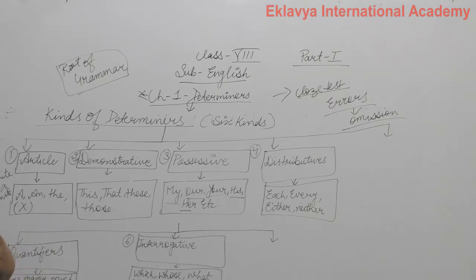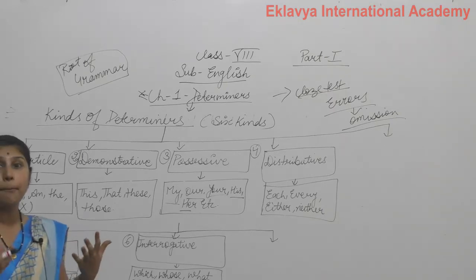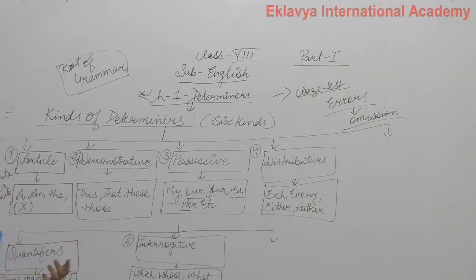When we talk about numbers, like 2 students, 3 students sitting in a class, some water put in this pot, some water put in this bucket. These all are about the quantity of a noun, like some water, several people.